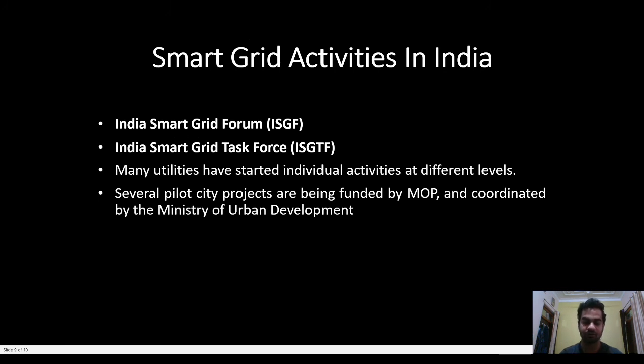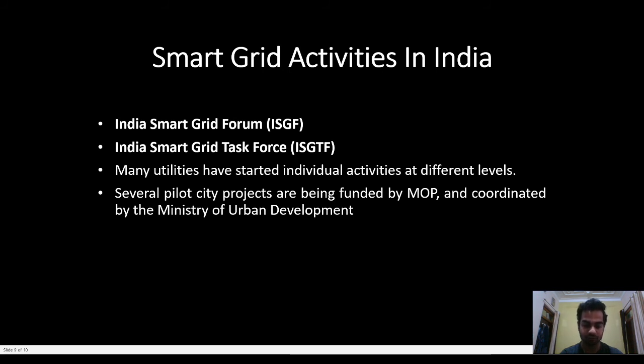There are many activities started related to smart grid in India. The first activity is the India Smart Grid Forum, defined as ISGF. This was launched by the Union Power Ministry on 26 May 2010.